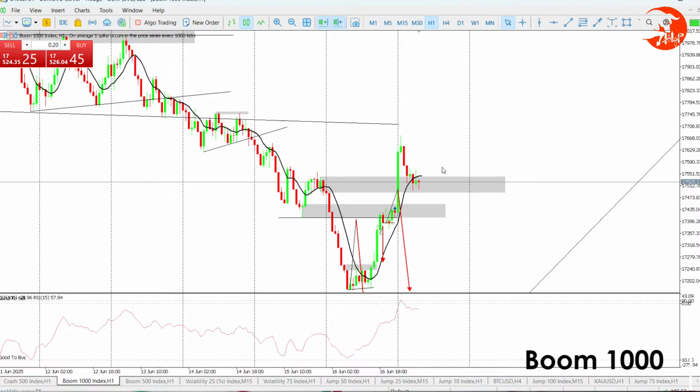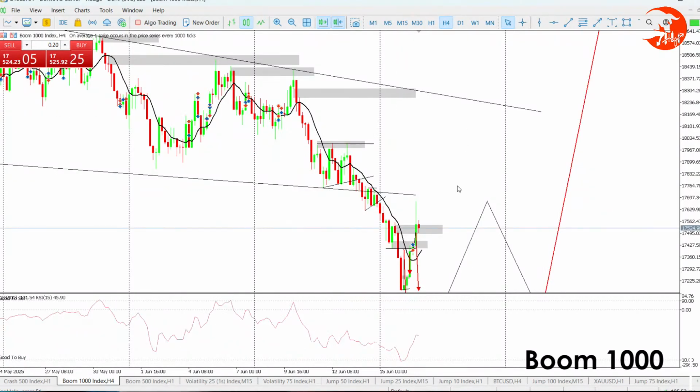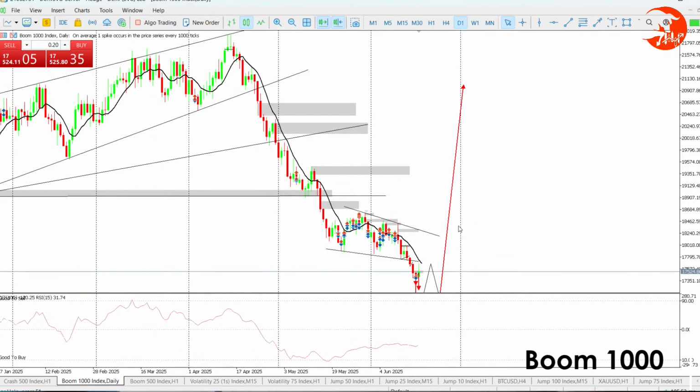So currently H1 says we are overbought, and we need to think of buys, but then I want to know, why did price go all the way up there? Why did it do that? What was it looking for? Okay, it was retesting that trend line level, but also there was a fair value gap according to daily.